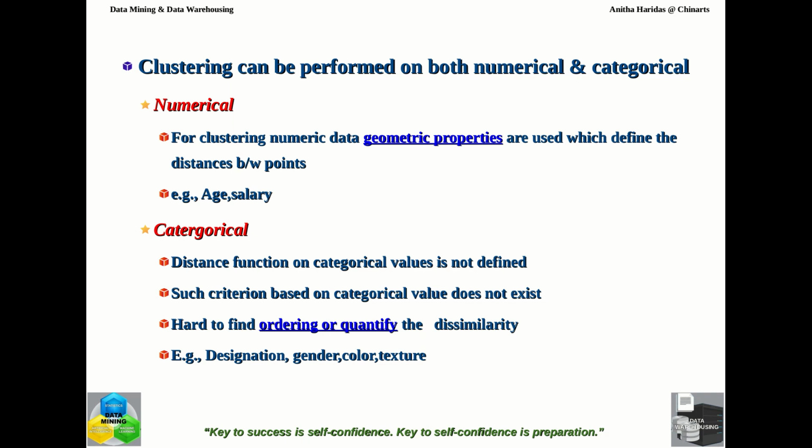If I have the colors red, blue, green, yellow, orange, then I will give a numerical value for each and every color. Then this numerical value will be taken into consideration for finding the distance between the data, so that it can be performed as the numerical clustering process. Okay, so this is another idea behind the clustering algorithms.